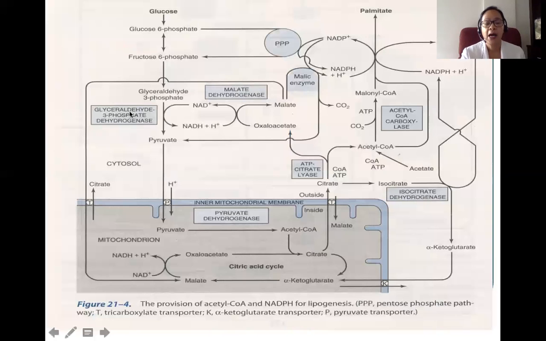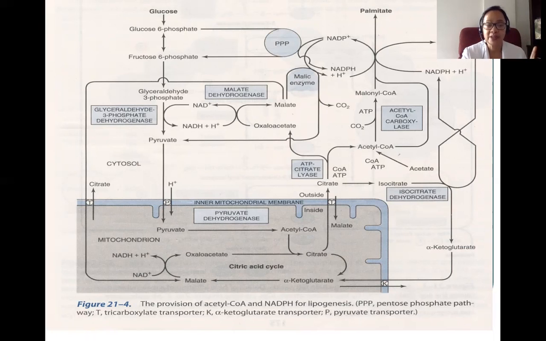I think you remember this particular slide, this particular figure. This is your glycolysis. Glucose is there, and then you have your pyruvate, and your pyruvate enters the mitochondrial membrane, wherein it is catalyzed by the enzyme pyruvate dehydrogenase to form acetyl coenzyme A. Remember what I said, your acetyl coenzyme A is the initial substrate in your fatty acid synthesis.